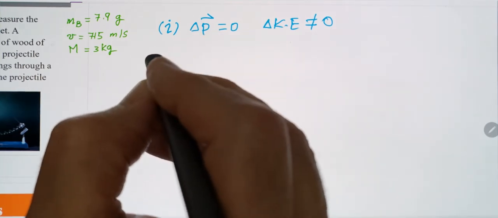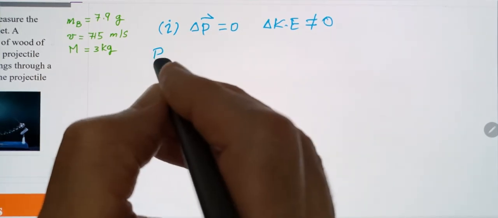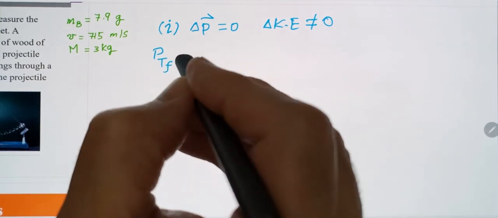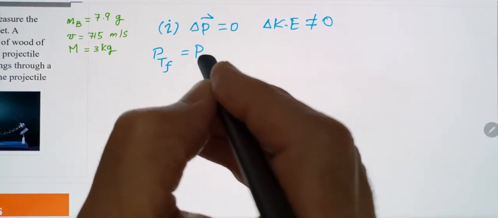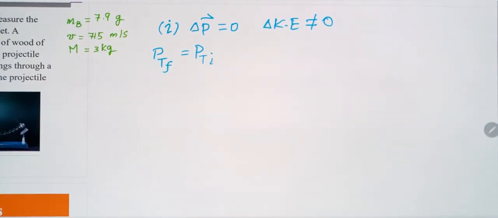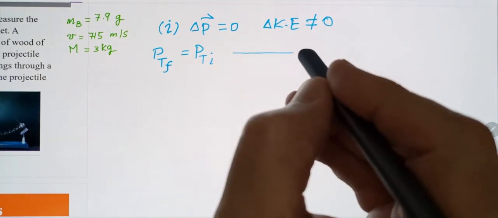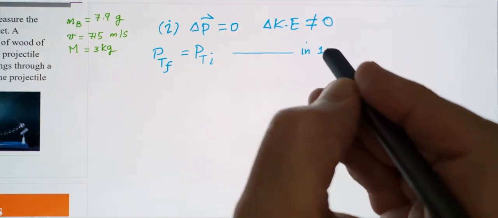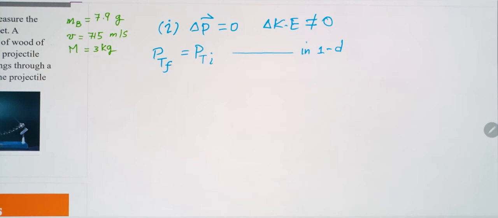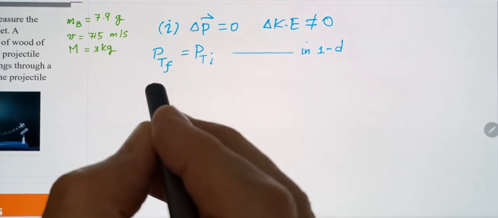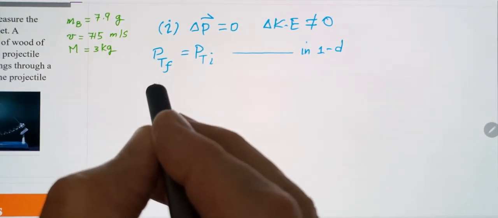So as a result, P total final must equal P total initial. This is in one dimension, so I can get rid of the vector sign. What is P final?